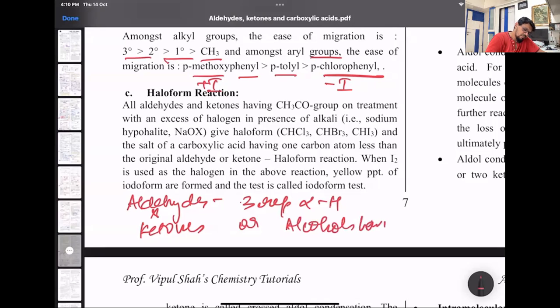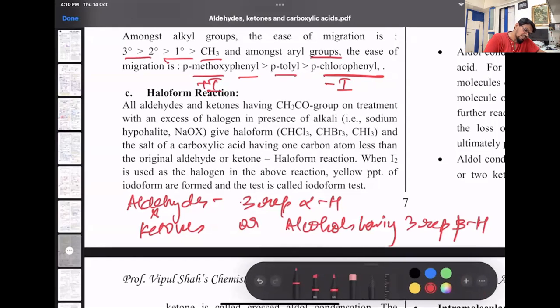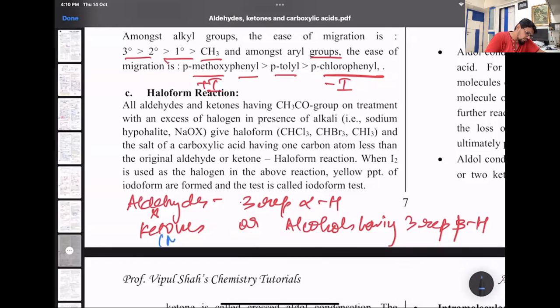having 3 replaceable beta H. So 3 replaceable alpha H in ketones is what we also call a methyl ketone, and alcohols with 3 replaceable beta H is what we call methyl carbinol.